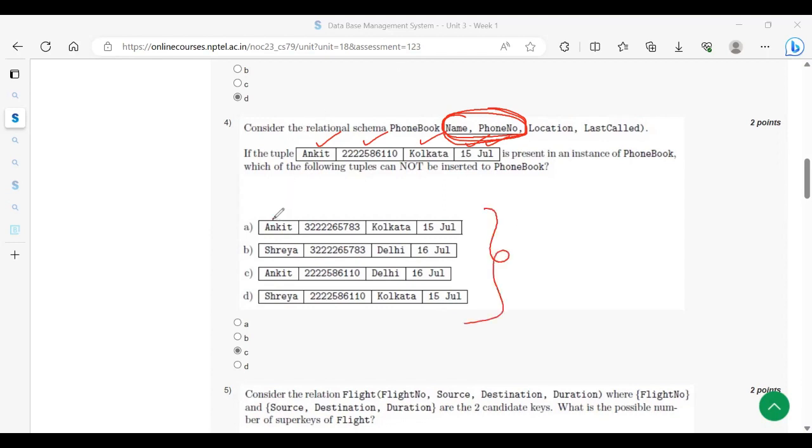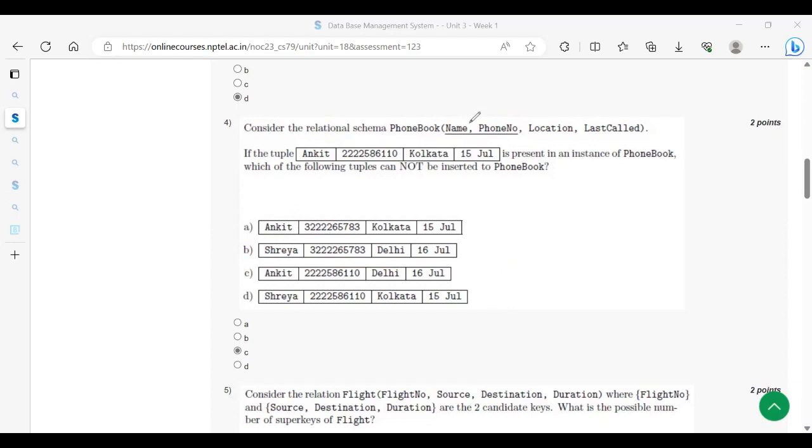So if you see Ankit, already Ankit is there. But if you see the key here, it is name and phone number. Name and phone number are the same as 58160. This is not accepted because here the key value is name and phone number.